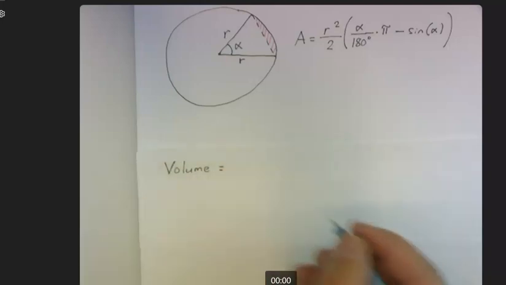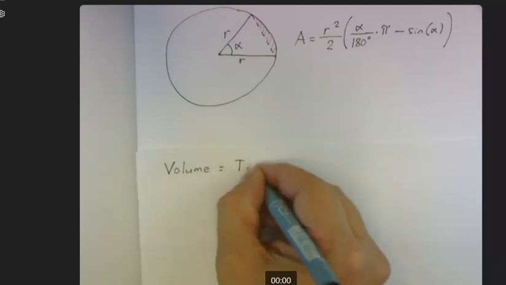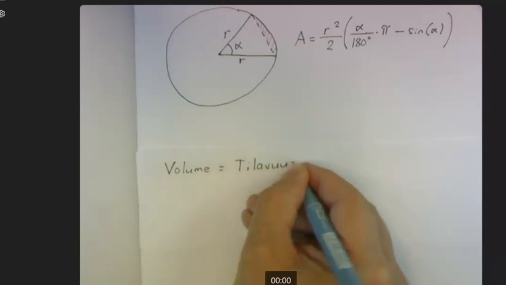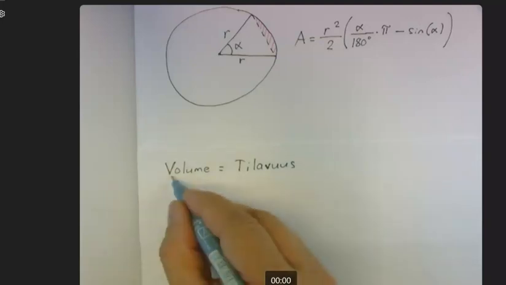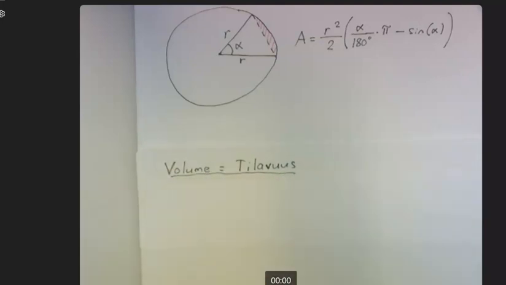Volume in Finnish is tilavuus. This tila in Finnish, it means some kind of space around you.